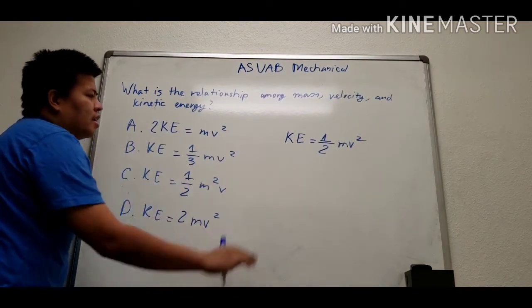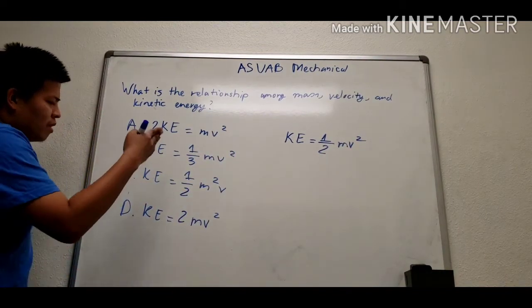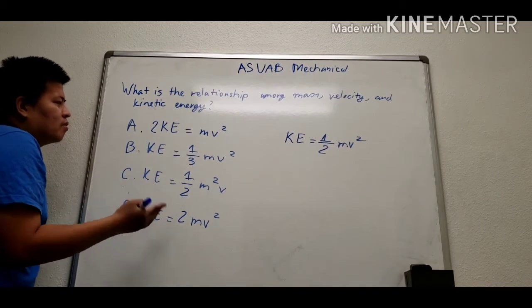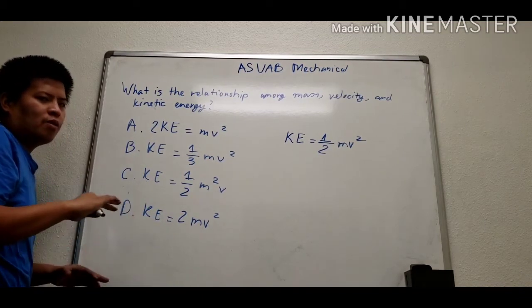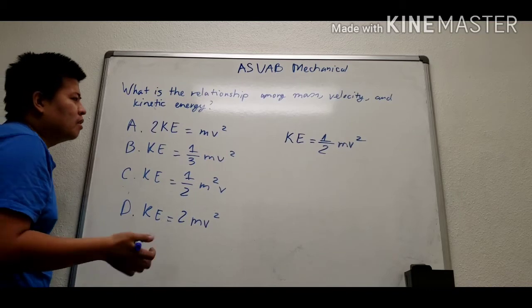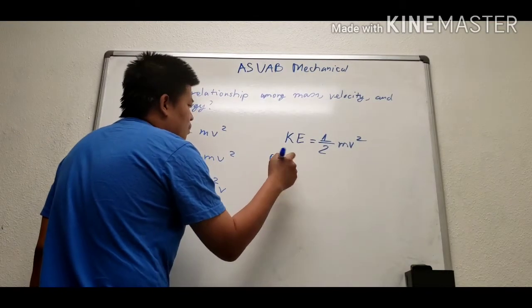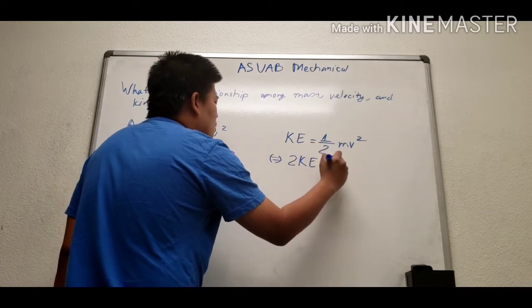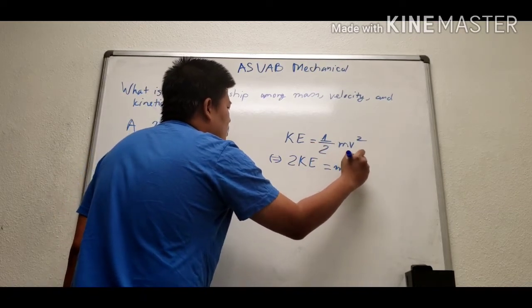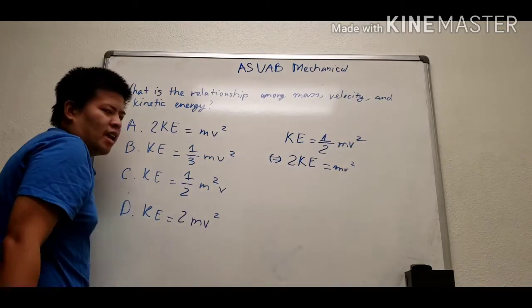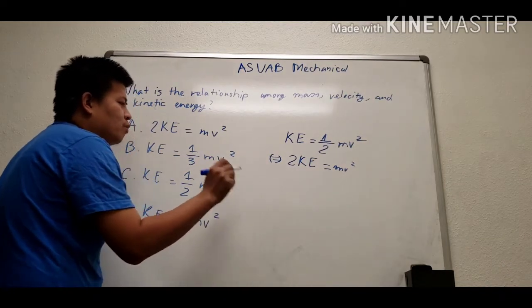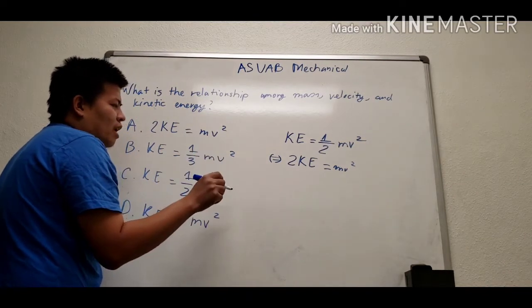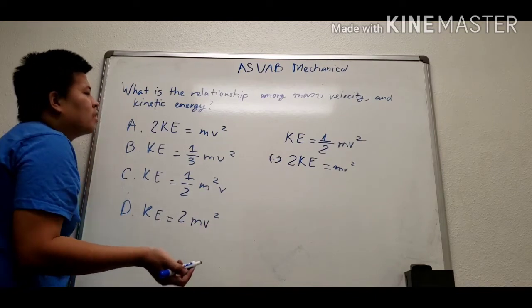So in here we can see that we don't see anything related, because we don't know to swap the number. So if we swap the number 2 in here, we get 2 kinetic energy equal to m multiplied with the square velocity.